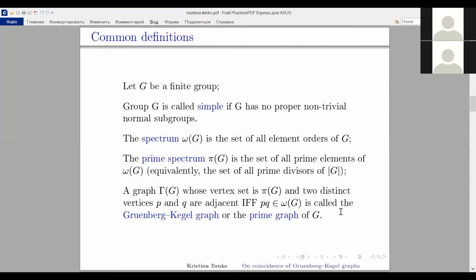Note that the research of properties of a finite group by properties of its Gruenberg-Kegel graph has been actively developing since the beginning of the 21st century. Namely, cases of coincidence of Gruenberg-Kegel graphs are actively studied.